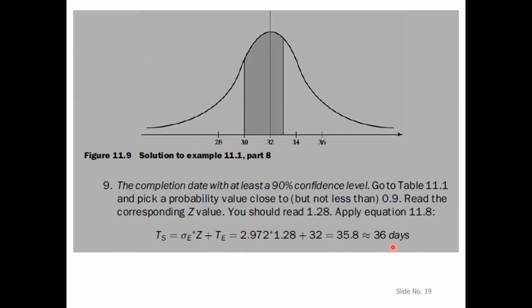It will give us 36 days. So for 36 days, we will be 90% confident that the project will finish in 36 days. That is the confidence level.